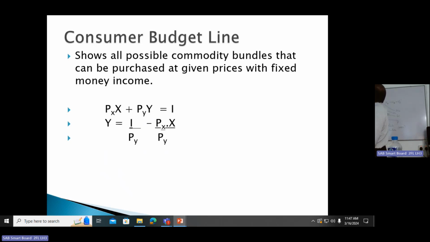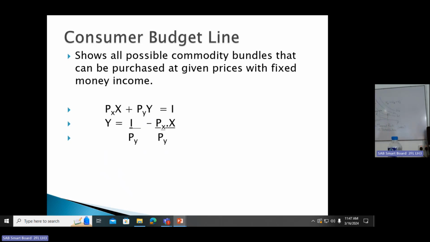The budget line shows the possible commodity bundles, the combinations of goods X and Y that the consumer can purchase at given prices, based on his limited income. How much we spend on product X and how much we spend on product Y is determined based on the budget line.